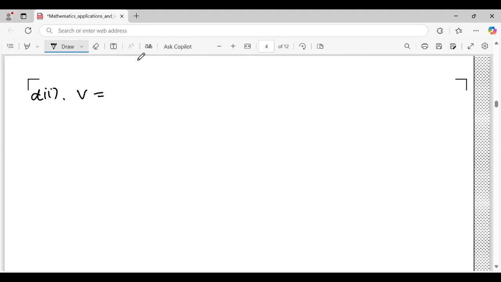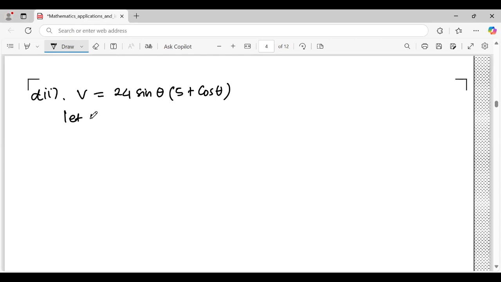Volume expression is 24 sine theta multiply 5 plus cosine theta. We are going to find the derivative of this function, this equation.